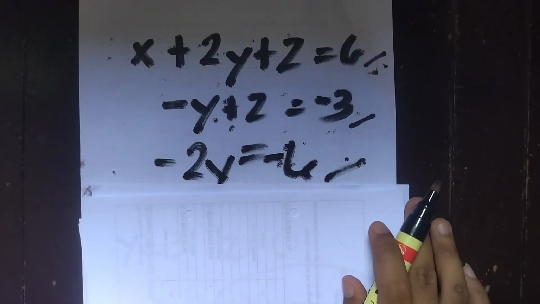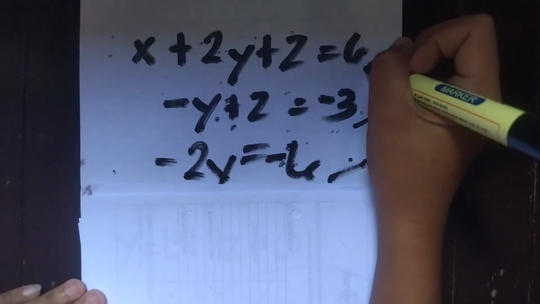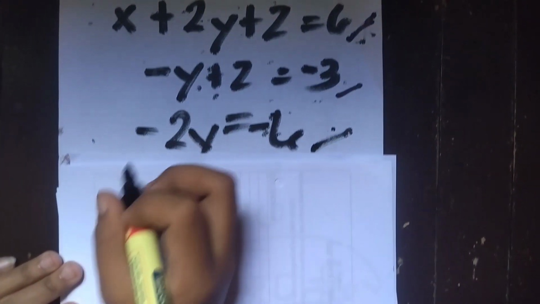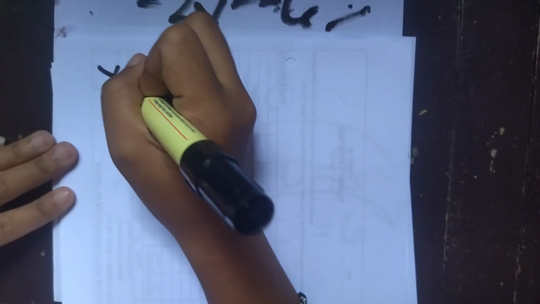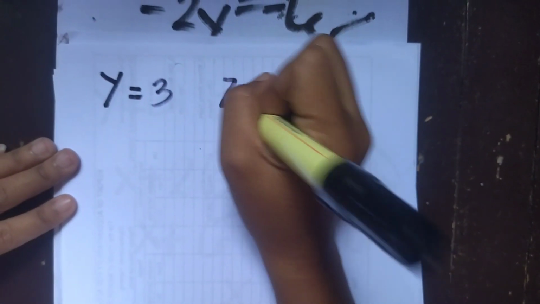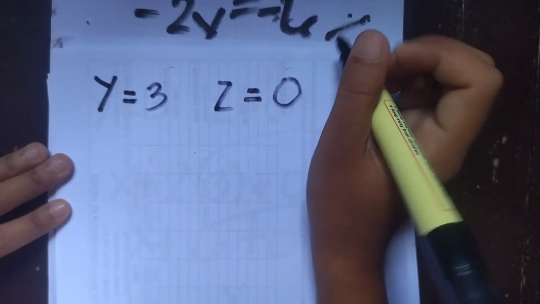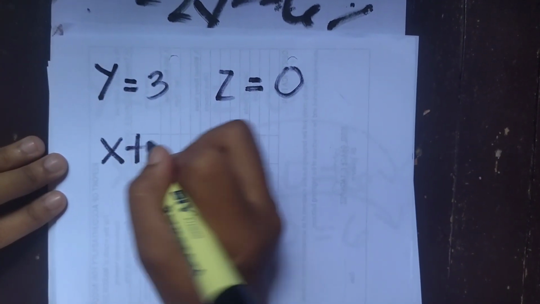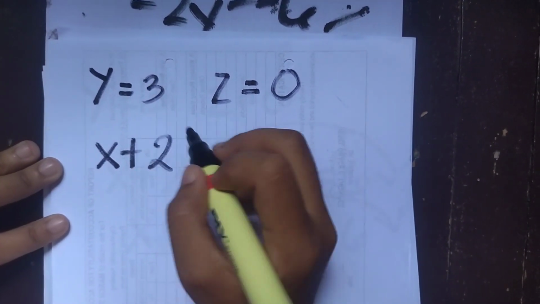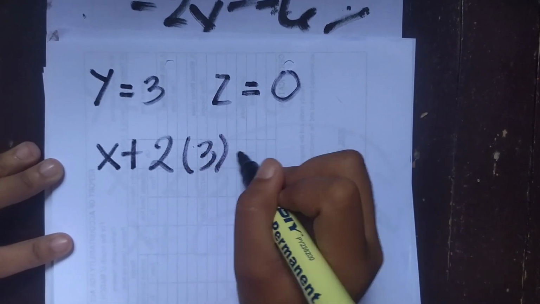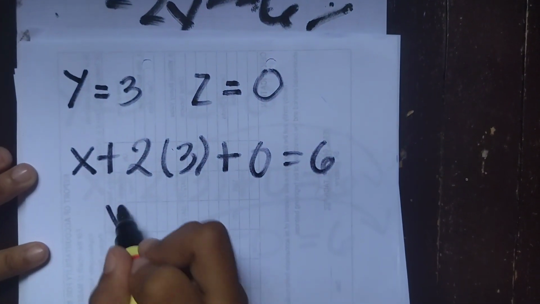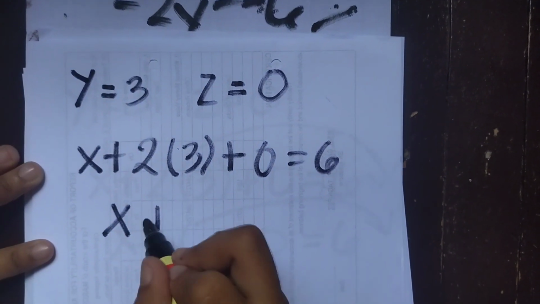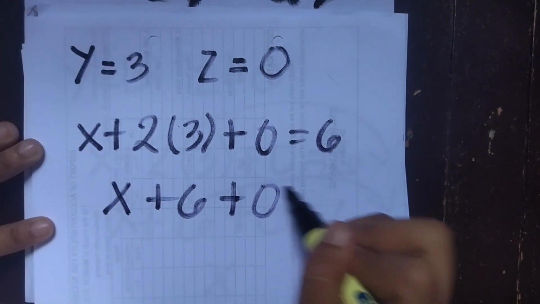Now, to get the value of x, atong gamiton na equation is this. The value of y, since nakuha na nato ang value sa y gaina o sa z, ato lang na siyang transpose. So, x plus 2y, which is 3, plus z is 0, equals to 6. So, x plus 2 times 3 is equals to 6, plus 0 is equals to 6.